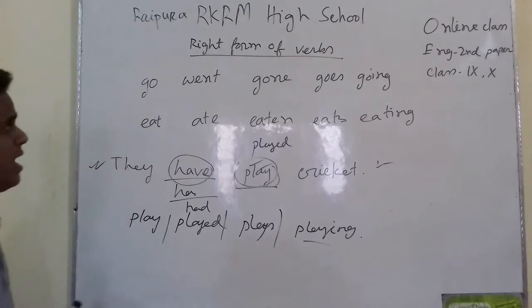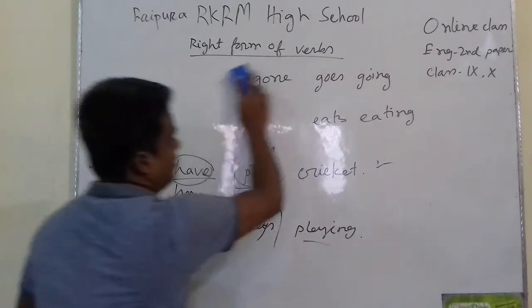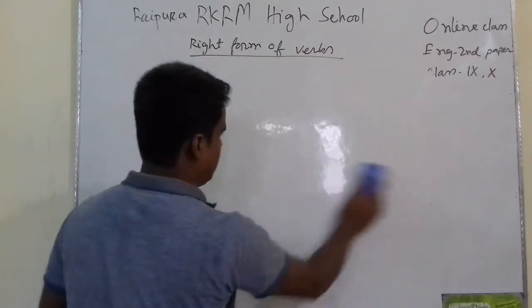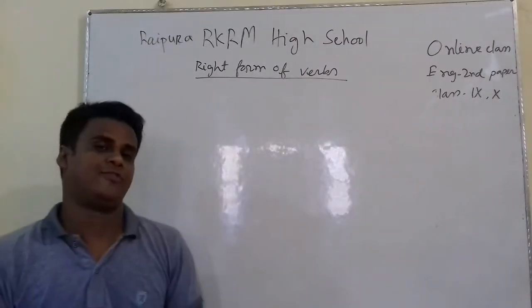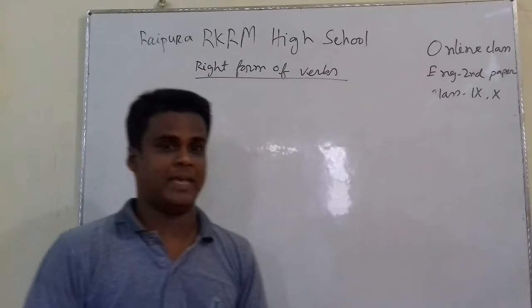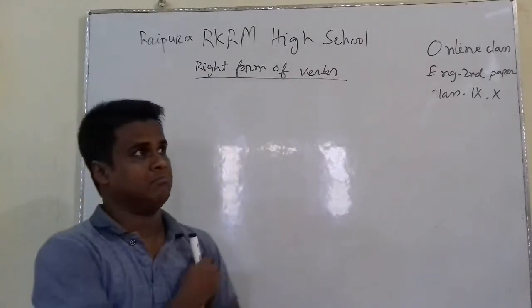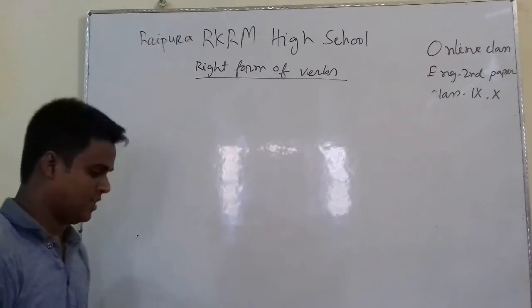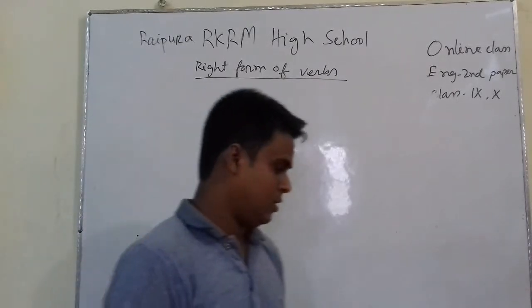So now I will go for another example or another rule. So look carefully. Many of the rules of right form verbs are tense based, which you will find very easy. So at first look at this rule.